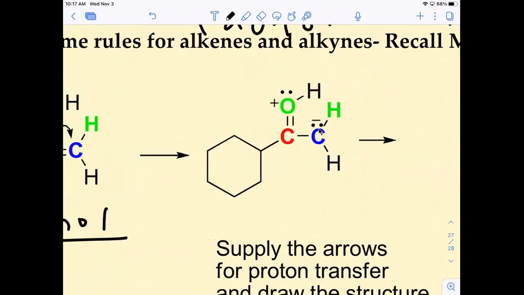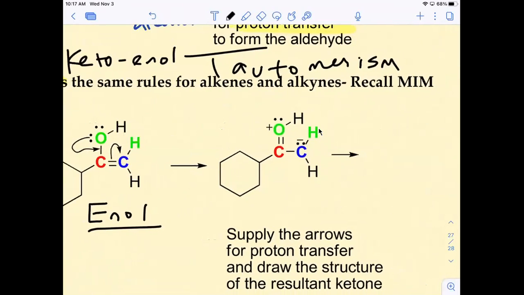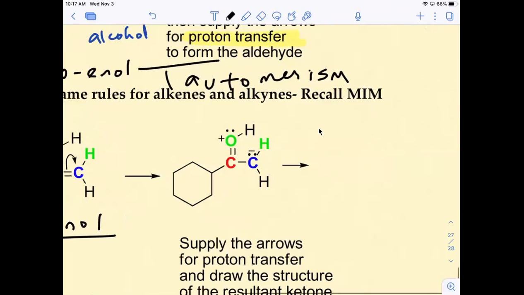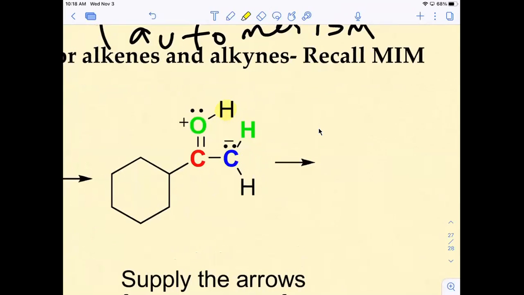All right, now how do I get from here to the ketone that I'm going to make? What would the arrows look like for proton transfer if I want to take this proton and transfer it to carbon? What can I do?